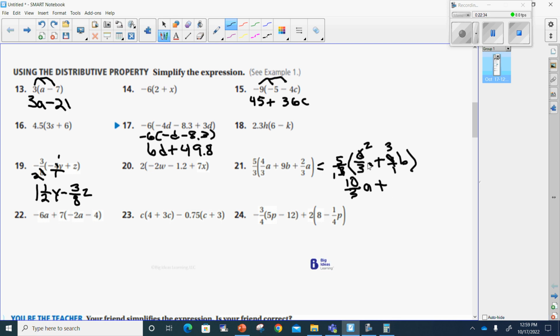So now we got 5 times 3, which is 15. So this would be 15b. And we can reduce 10 over 3. This will become 3 and 1/3 a plus 15b.